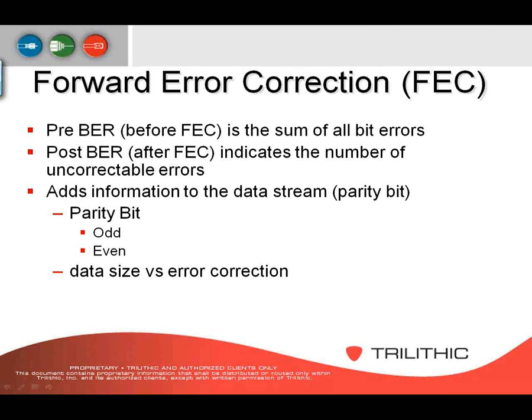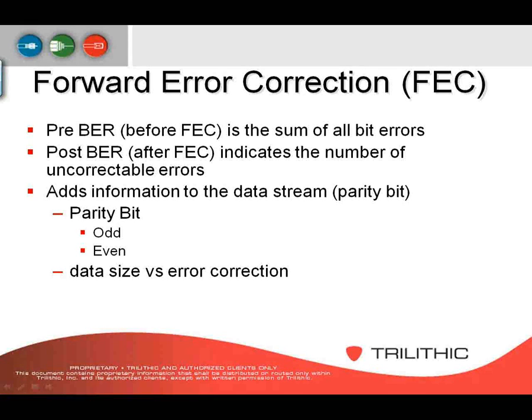Because pre and post forward error correction data quality can differ greatly, BER measurements are typically specified as either pre-FEC or post-FEC to indicate whether the data has already been repaired by the forward error correction.